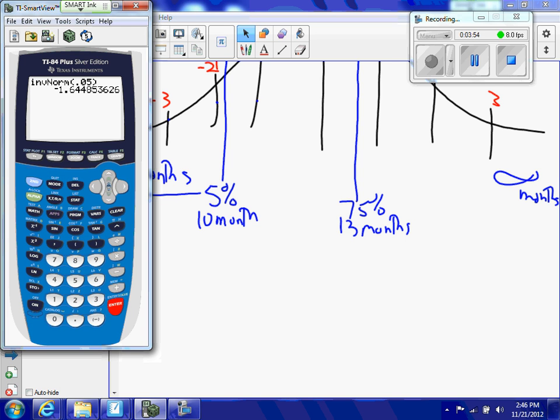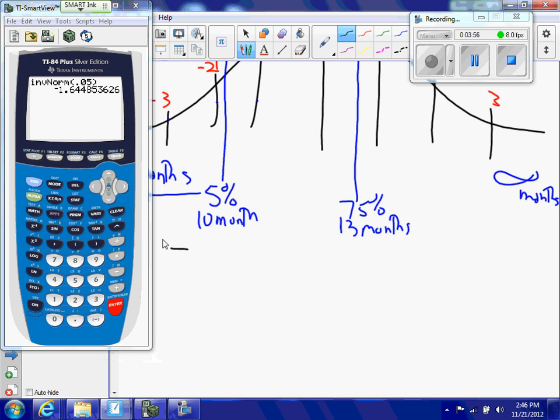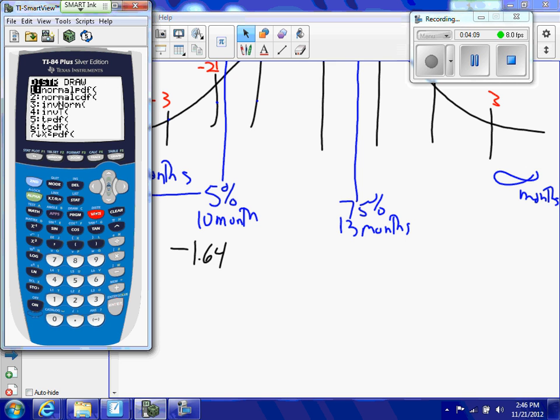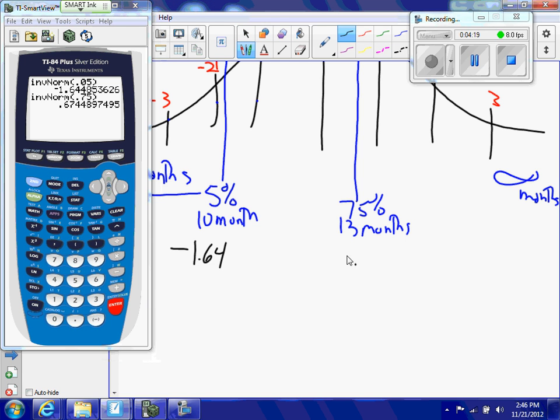I'm going to find out that that z-score is negative 1.6, call it negative 1.64. And my z-score for 13 months is a 75th percentile. So second, distribution, 3, and I'll put in 0.75, and sure enough, it's going to come up with a z-score of 0.67.